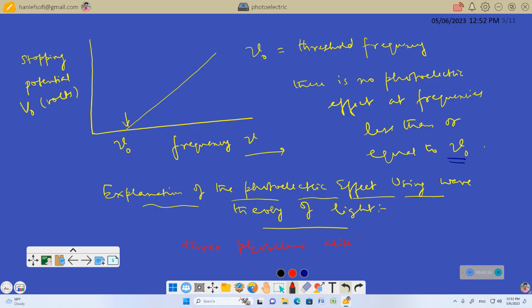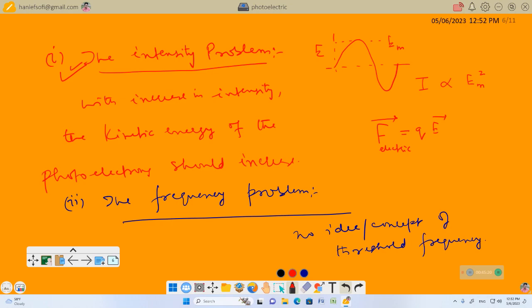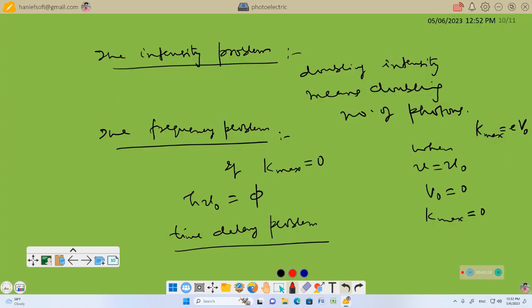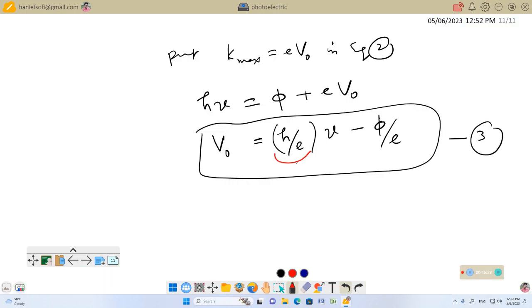So Albert Einstein's photoelectric equation predicts the linear relationship between the stopping potential and frequency. And this is the slope of the straight line. The slope from the theory is h by e.